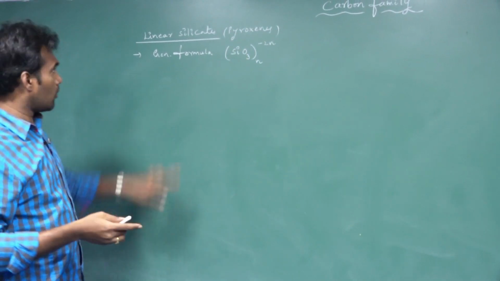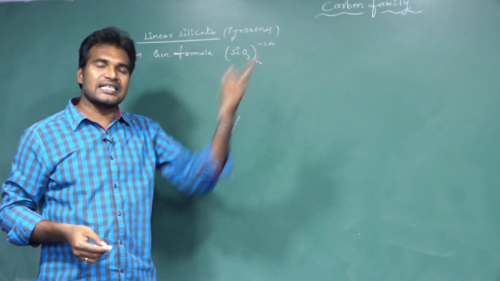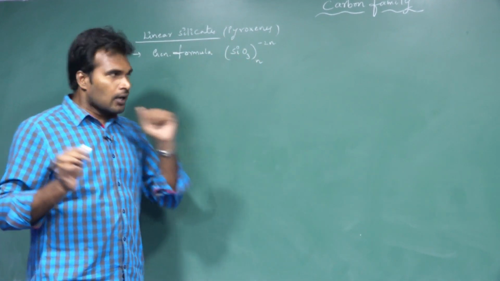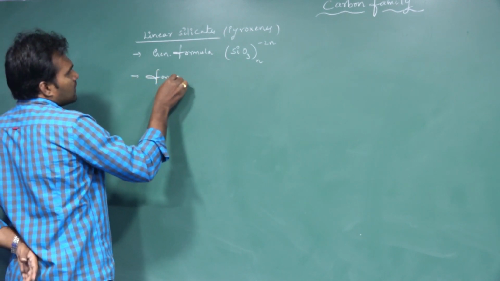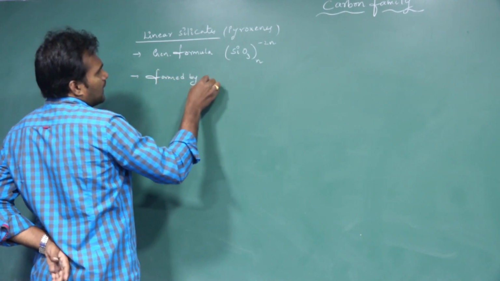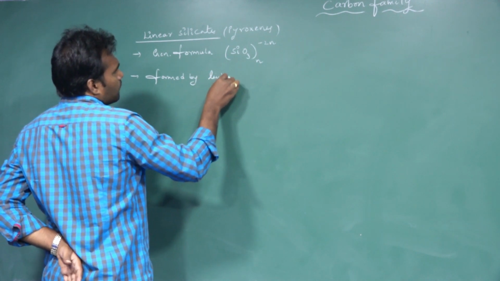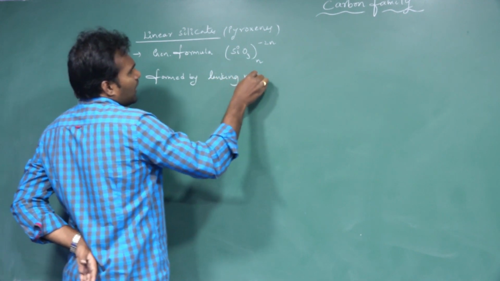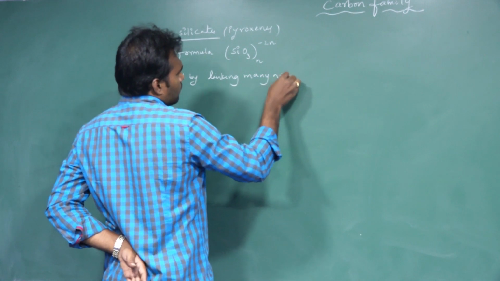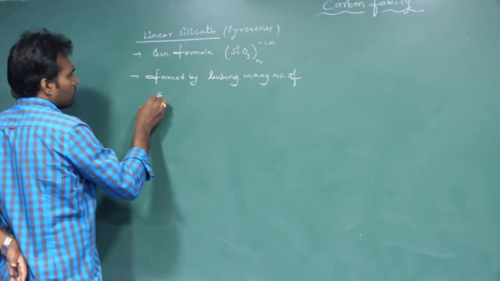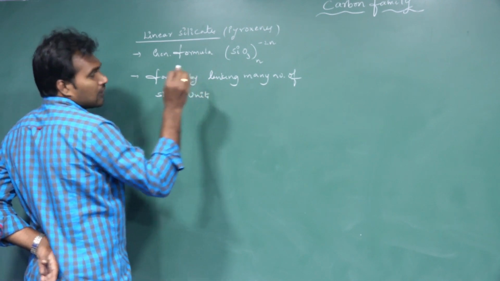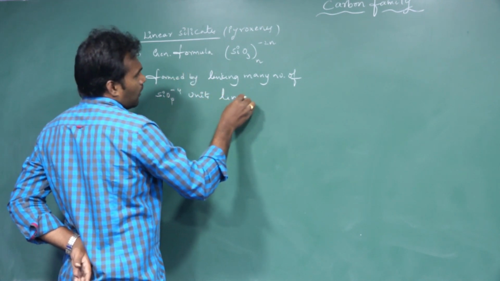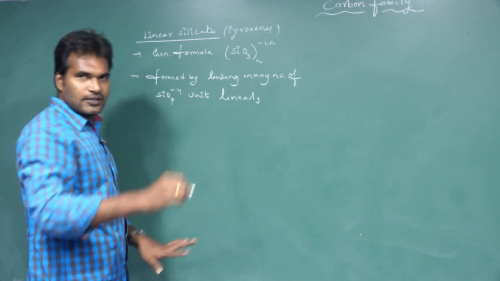The general formula of linear silicates and cyclic silicates is the same. These linear silicates are formed by linking or joining many silicate units linearly. Understood the difference between them?